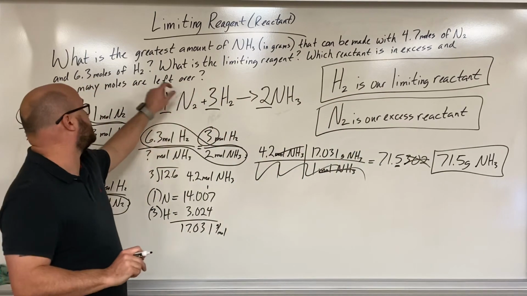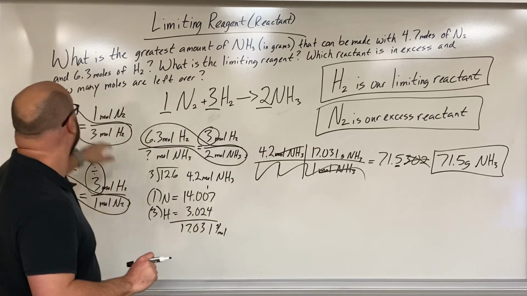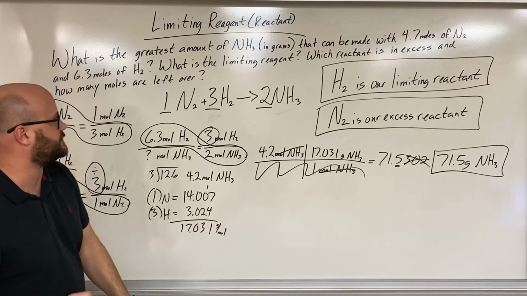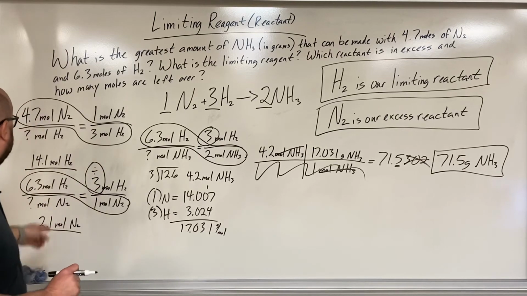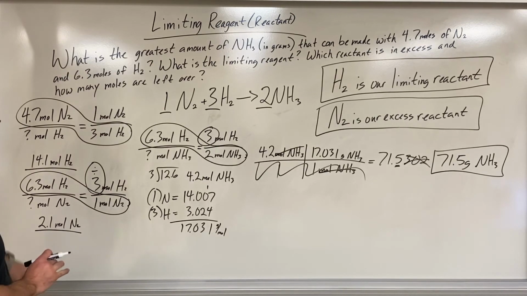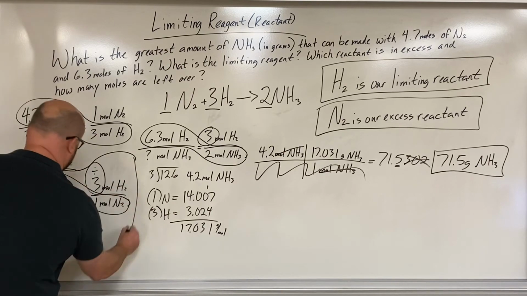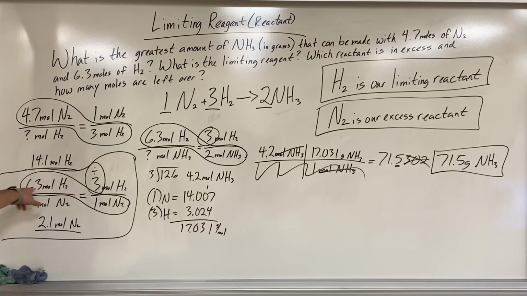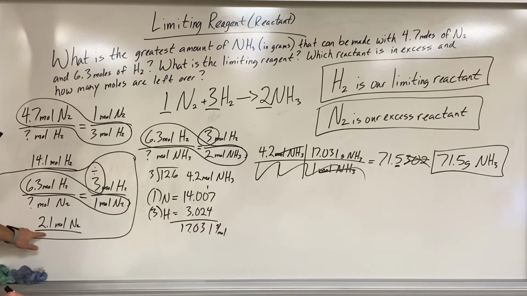Now, the last part, we already know which one is in excess. Nitrogen is our excess. How many moles of nitrogen are left over? So how many moles of nitrogen are unused? Well, we looked at it up here with hydrogen. With 6.3 moles of hydrogen, which is going to be our limiting reagent, we would need 2.1 moles of nitrogen to completely use up all that hydrogen.